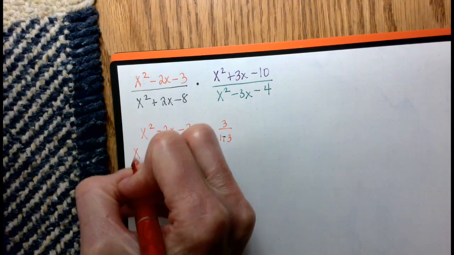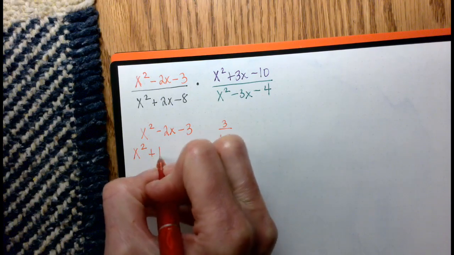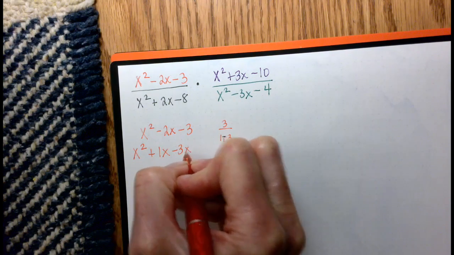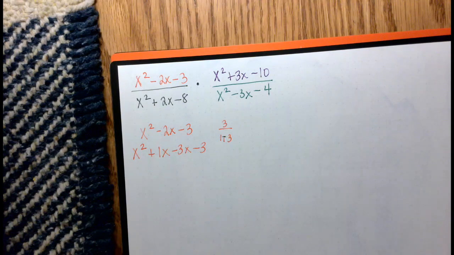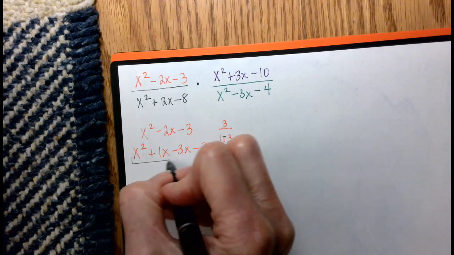So it's going to be x squared plus 1x minus 3x minus 3. And then we can group these together.